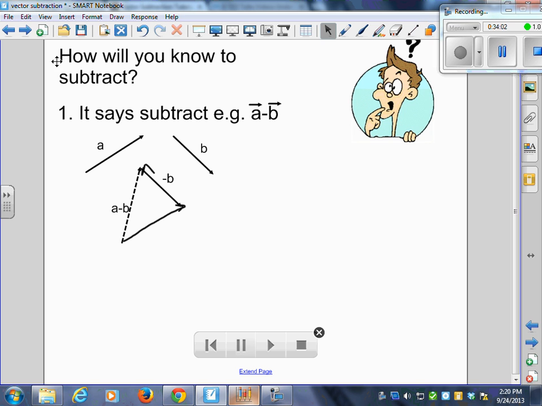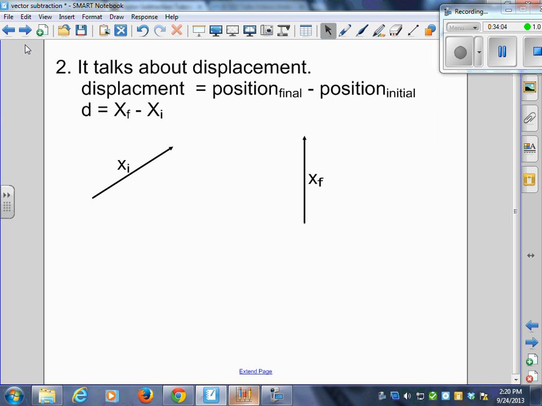The second one is, if they talk about displacement. Displacement is the key word, because displacement means what's the difference between where I was and where I am, right? If it talks about final position and initial position, same thing. Displacement is final minus initial. So final minus initial. Now, do I do this?